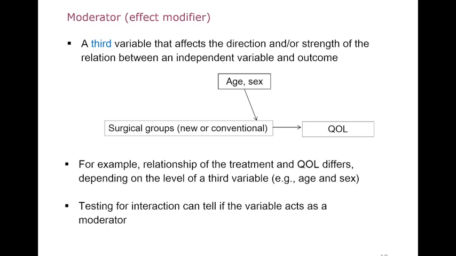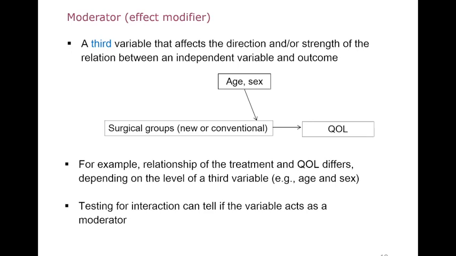Statistically, how we do that is we can test for interaction. Interaction can tell if the variable acts as a moderator. But in many analyses, testing for interaction does not have sufficient statistical power. So you have to use your domain knowledge to guide you on whether this variable might serve as a moderator.